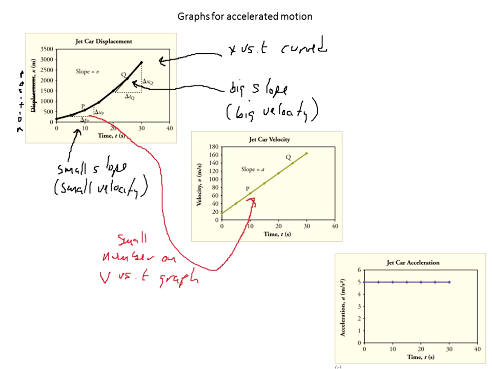And this represents a large number on the velocity versus time graph. So the slope of the position versus time graph gives the velocity versus time graph.